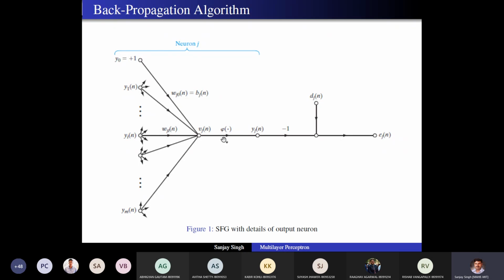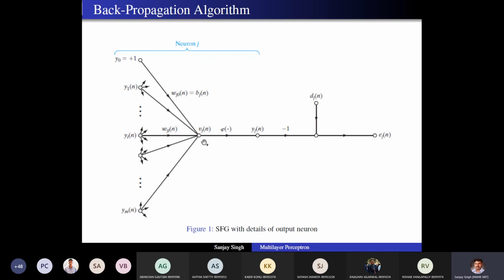Here, if you see what is happening, remember that all the biases we have fixed to one particular fixed input, that is +1. So bj can be considered as wj0, meaning the input is from nowhere, but we are fixing it at +1. The rest is okay.